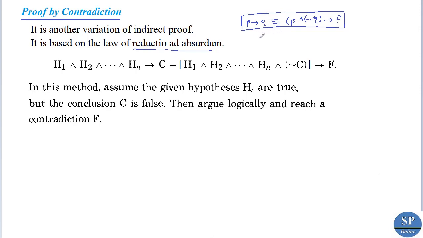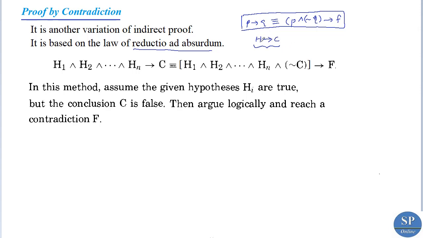So suppose we have a theorem H implies C, where the hypothesis H may be a combination of hypotheses H1, H2, etc. Hn, that is H1 conjunction H2 conjunction H3 etc. conjunction Hn. So this may be our theorem. Now here, to prove this by contradiction, we can use the reductio ad absurdum law.